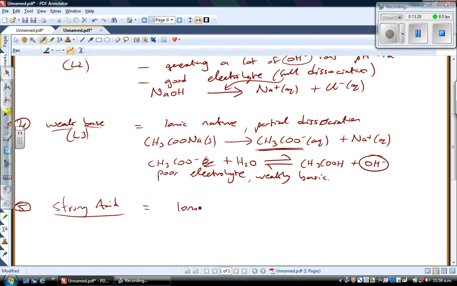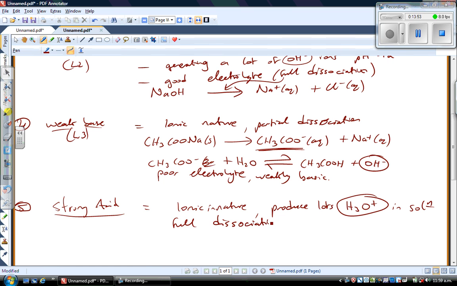Strong acids are ionic in nature as well, but as opposed to the original neutral ionic compounds such as NaCl, a strong acid will produce lots of hydronium ions, H3O plus, in aqueous solution. This is due to a full dissociation. Again, the same idea as for a strong base, so full dissociation, and a great electrolyte.